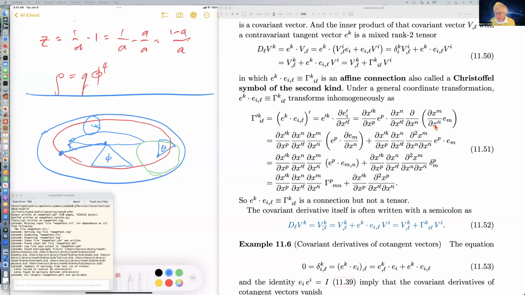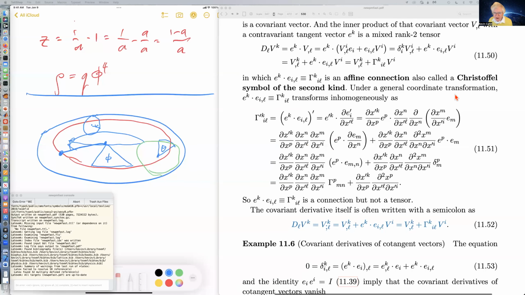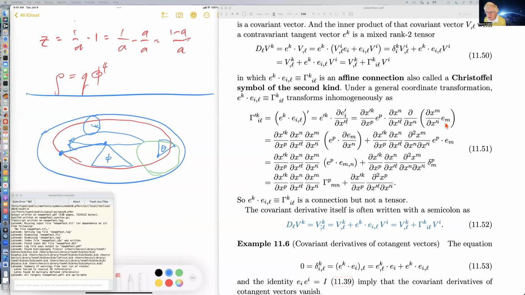So if you have this derivative just act on EM, you get this first term where the dot product hits this partial of EM with respect to EN, this one.